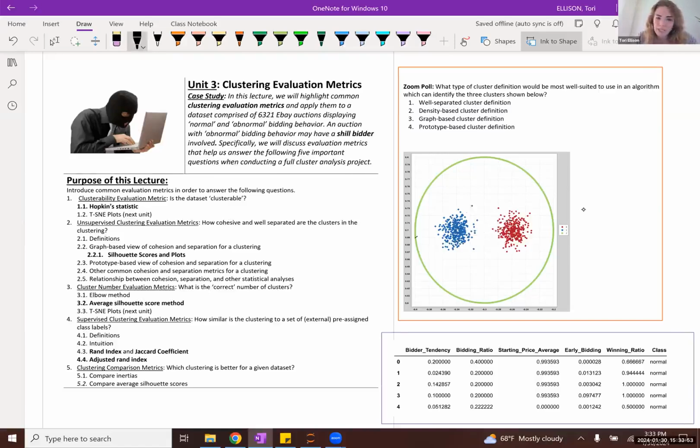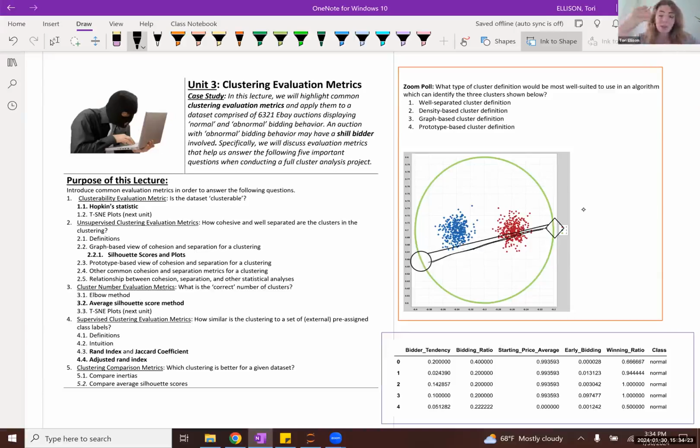But, for instance, we can see that these points here are, generally speaking, pretty far apart from the blue cluster, and they're also far apart from the red cluster. But unfortunately, this notion of a well-separated cluster is going to break down because we actually see that observations here and observations here are even further apart from each other.